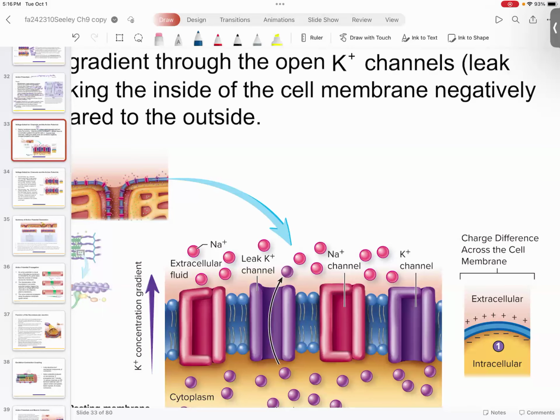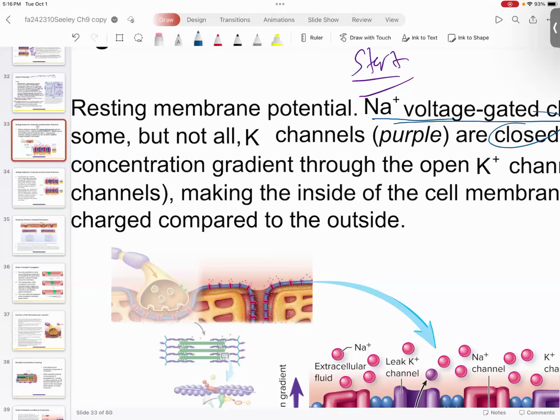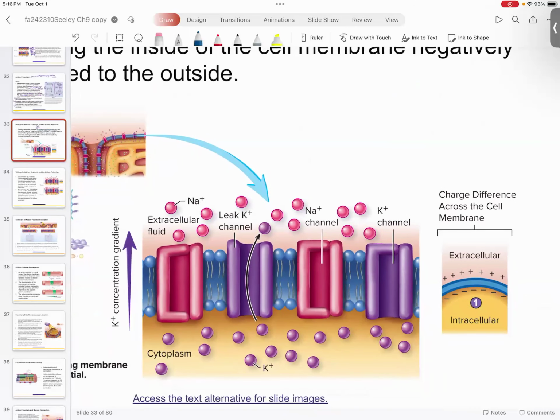And then in addition to that, you also have some of your potassium channels, not all of them, which are the red ones. Some of them are closed and some of them are open. For instance, you can see one here that is closed and one here that is open. This is the so-called leak channel. What this is doing is balancing the charge buildup so that you don't get that excessive positive charge, right?